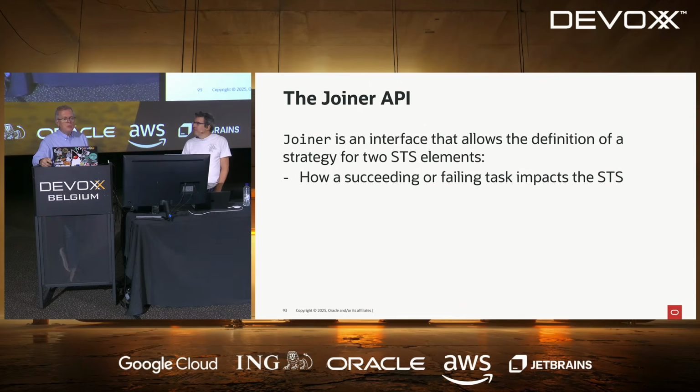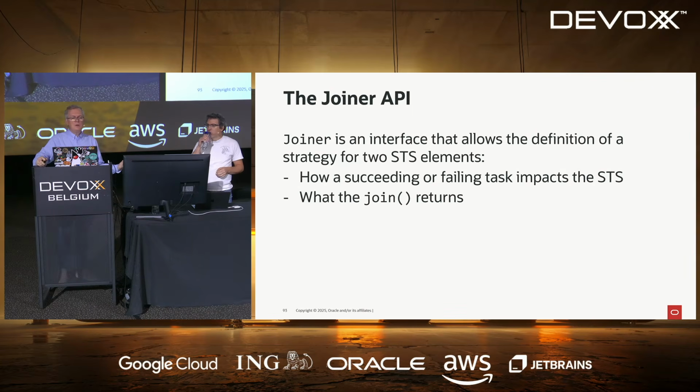And there are several things you want to define. How the result of a task that you submitted impacts the behavior of the structured task scope. Should a task that is failing with an exception cancel the scope? Should a task that is a success cause the join method to return and the result to be produced?